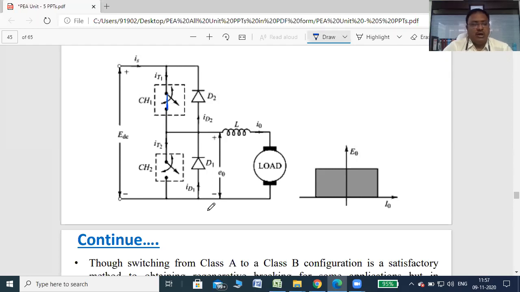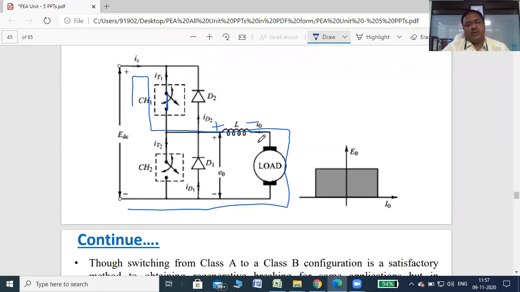If chopper 1 is on, current starts to flow from EDC through chopper 1, then through the inductive load L, which starts to store energy in its magnetic field with the polarity as shown in the figure, then through the motor and back to the EDC.